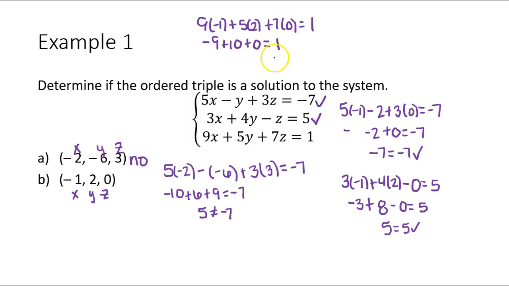We want all this to be equal to 1. Well, -9 plus 10 is 1, and 1 plus 0 is 1, and 1 is certainly the same thing as 1. Therefore, this ordered triple works in the third one, and we can say that yes, this second ordered triple is in fact a solution to our system.